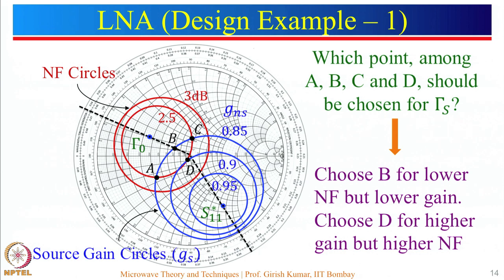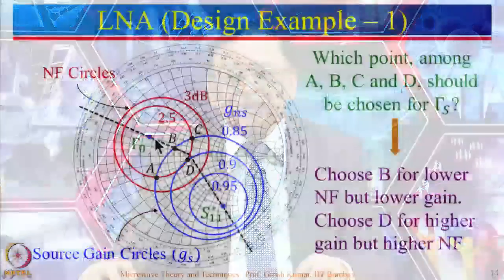So, one has to really decide whether noise figure is more important or whether gain is more important. If gain is more important, choose a point which is closer to this, and if noise figure is more important, then choose a point closer to this particular gamma 0.